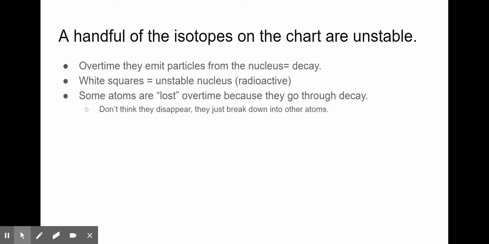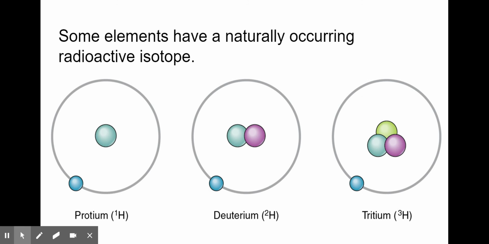We'll talk more about radioactive decay in the next couple lessons, but when I'm saying they're lost, they don't disappear. Remember, matter can't be created or destroyed. We're using the word lost because it's being changed into a different type of atom. We'll go further into that in lessons 15 and 16.